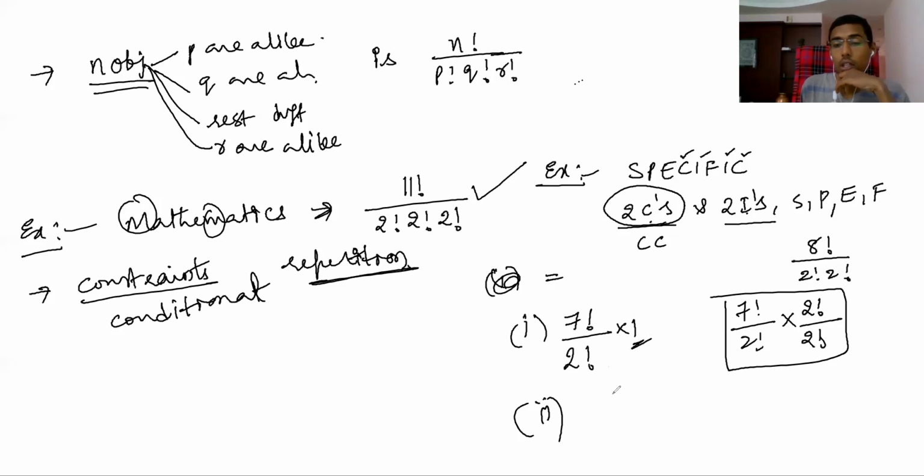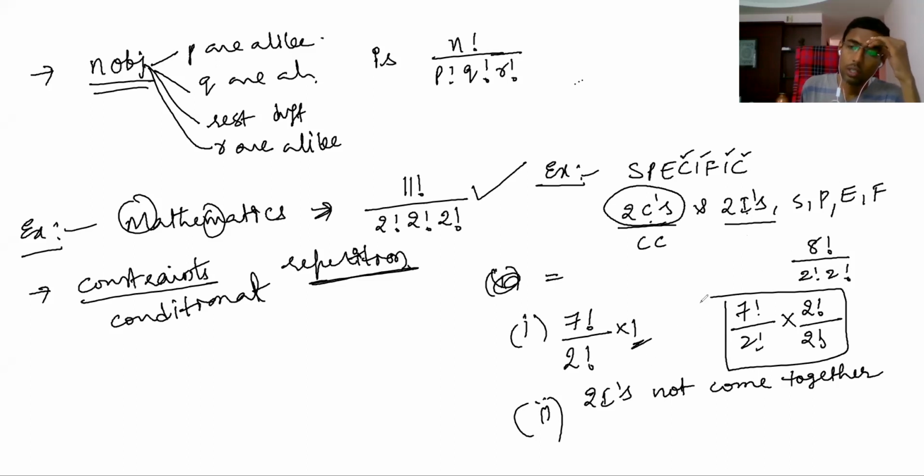Okay, right. Next, the second question: the 2 I's do not come together. If the two I's do not come together, they must be arranged between other things.